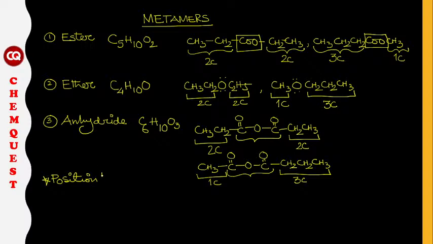Position isomers are considered with respect to the position of the functional group or any group, like ortho-bromo, meta-bromo and para-bromophenol. With the OH group on phenol, bromine in position 2 is known as ortho.